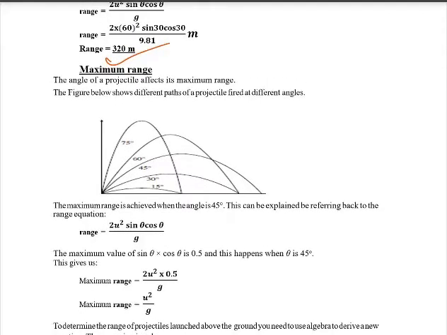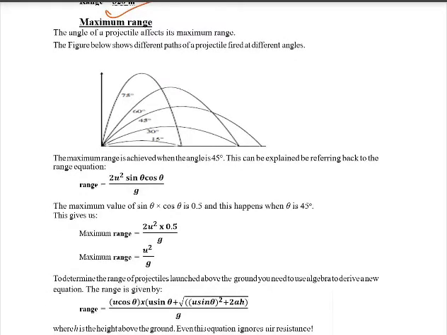Maximum range. The angle of projectile affects its maximum range, that is the value of range. As you see from the diagram, if it is 50, it's at this point. If it is 30, at this point, and if it is 60, 30 and 60 have equal range, and 50 and 75 also have equal range, and the range is maximum at 45 degrees.